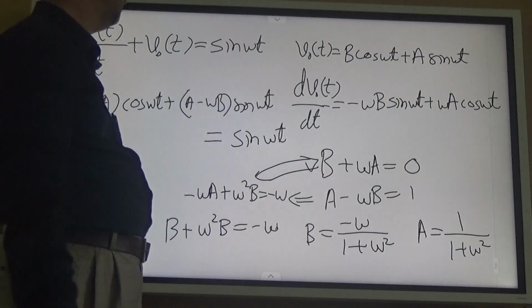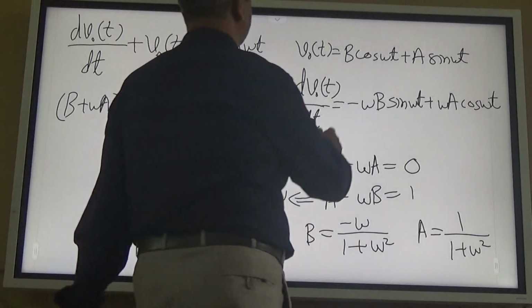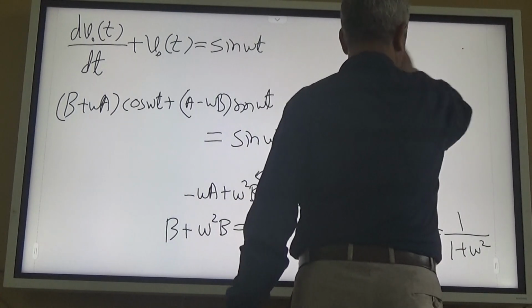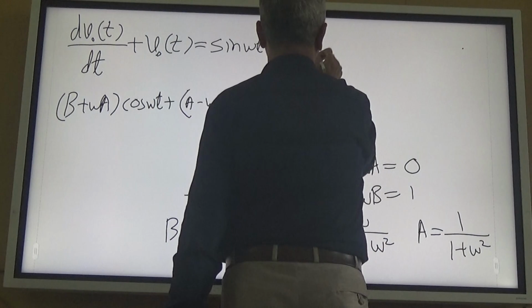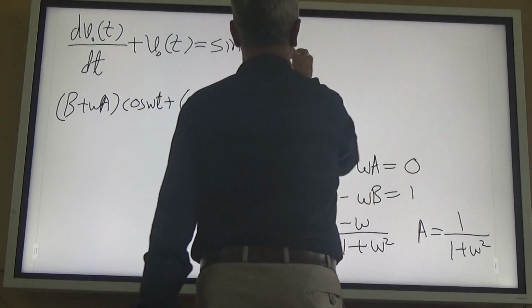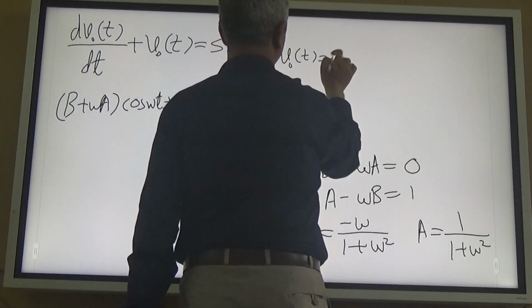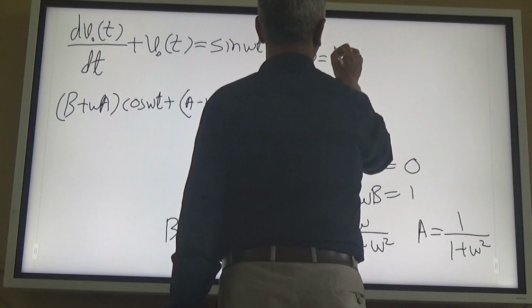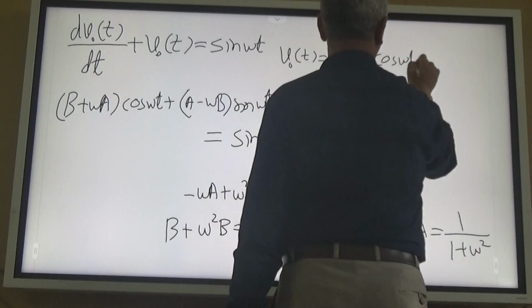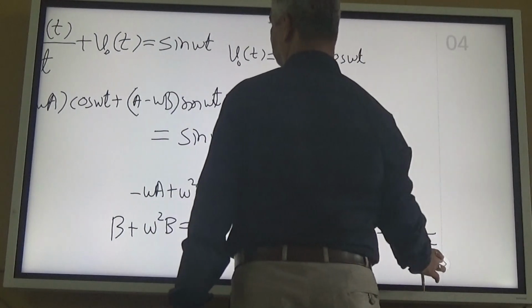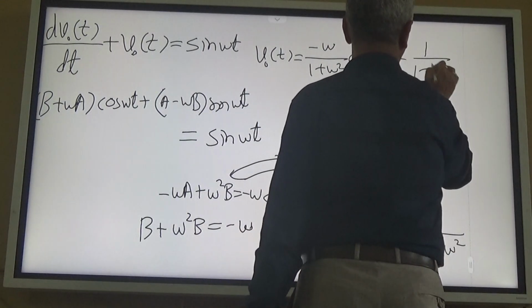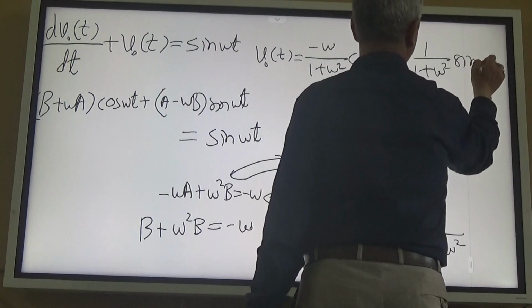So when I put that, my final answer is VOT is B, that is minus omega upon 1 plus omega square cos omega t plus 1 upon 1 plus omega square sin omega t.